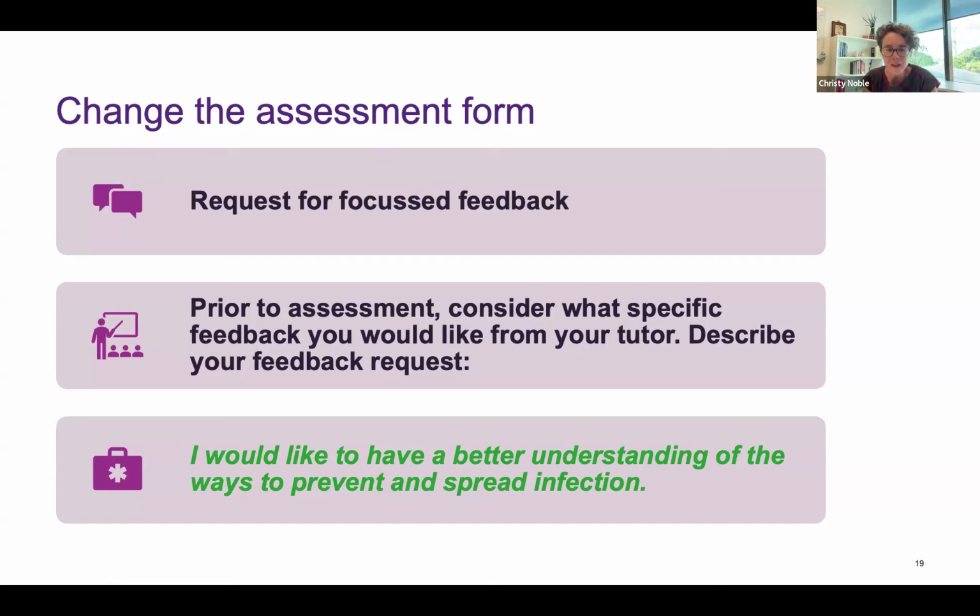I've recovered now. So what we did was we changed the assessment form, and I'll show you what we did. We asked the students, before they perform the task, to request feedback from the tutor. So they would consider what they want. They knew what tasks they were performing, and we asked them to consider what feedback they would like. And in the green, we have an example of what one of the students wrote.